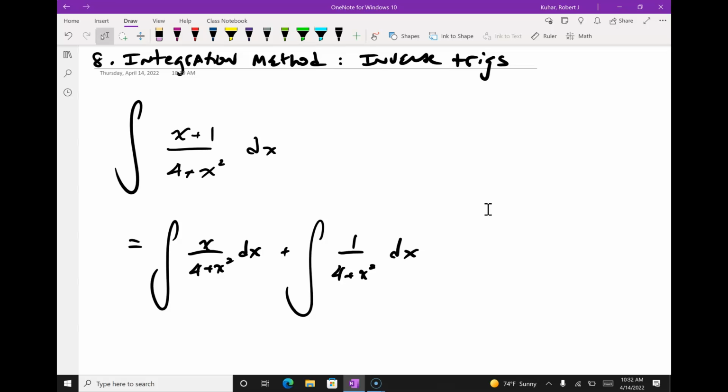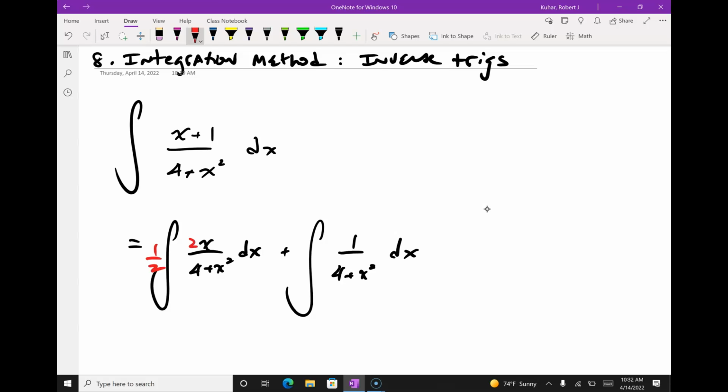Well, it looks like I have two types of integration methods to do here now. The left one, what process would you do? U is the downstairs, right? Because you could see the derivative of the downstairs is 2x dx, right? So you know you're going to do a 1/2 and a 2 here.